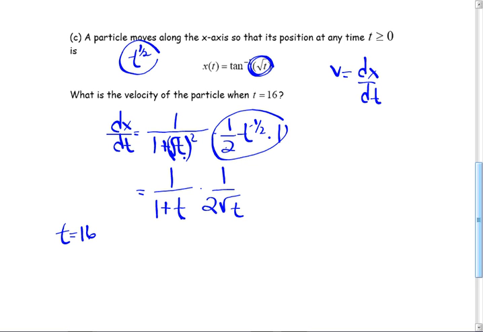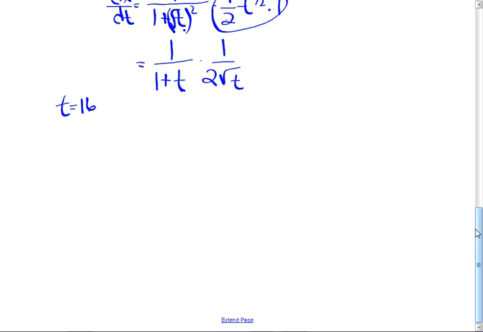What's the square root of t squared? What's t to the negative 1/2? 1 over t to the positive 1/2. Yes, because the negative exponent. So, you guys, at 16, it's 1 over 17.